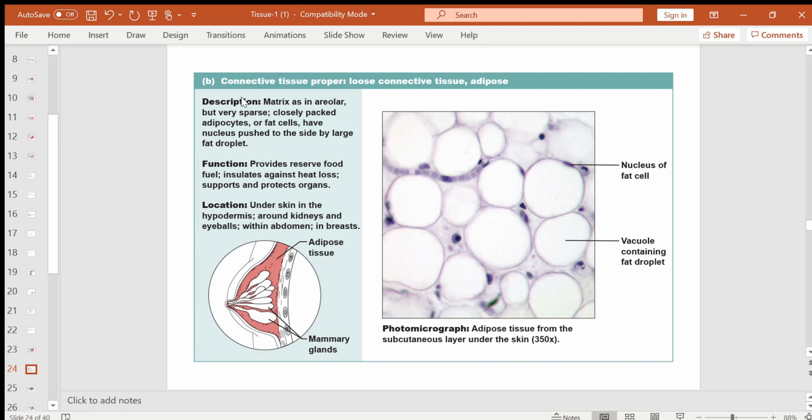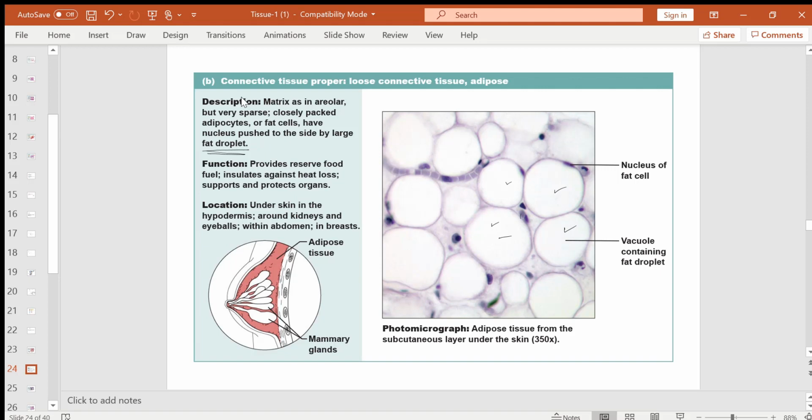Loose, another type of loose is adipose, which is actually fat. So these are the fat cells, and in fat cells, when you see them under the microscope, they look like round eggs. And interestingly, inside the cell, you will see the fat vacuoles or fat droplets inside the cell, and nucleus is attached to the membrane.